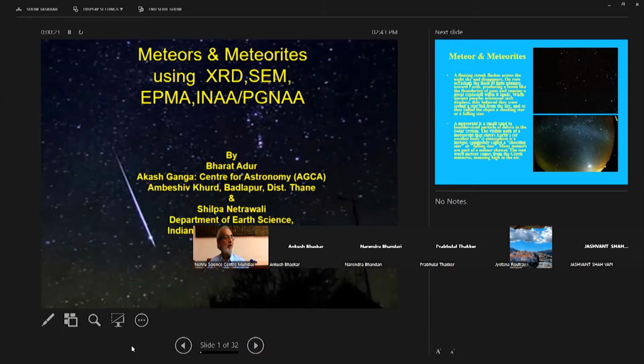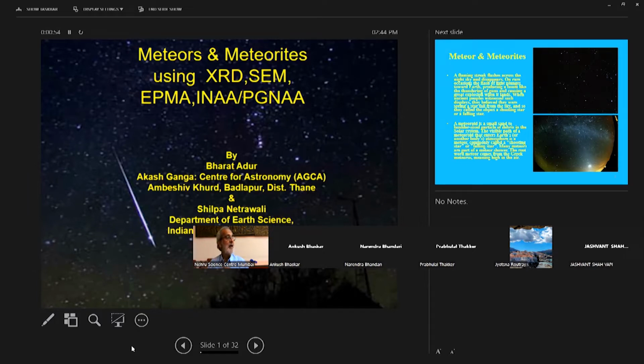The topic of my today's talk is on meteors and meteorites and what are the present trends in observing meteorites. So you may find a lot of short forms. XRD is X-ray diffraction. SEM is the normal SEM, that is scanning electron microscope.